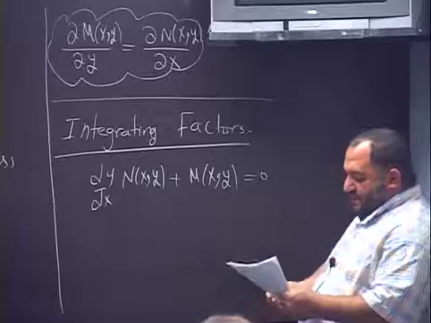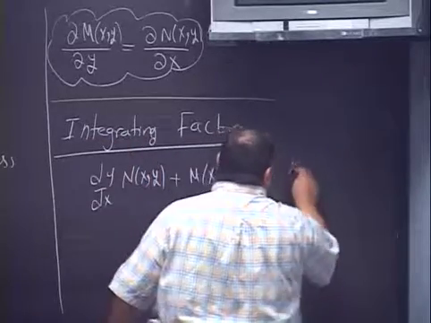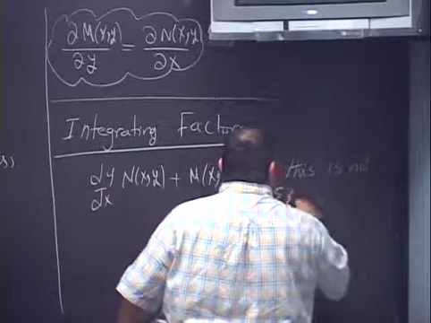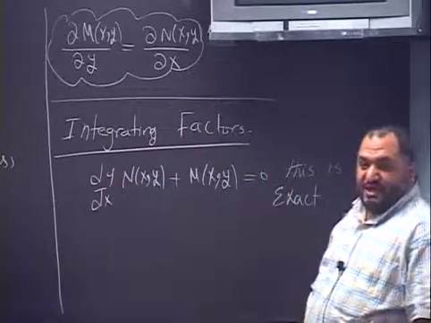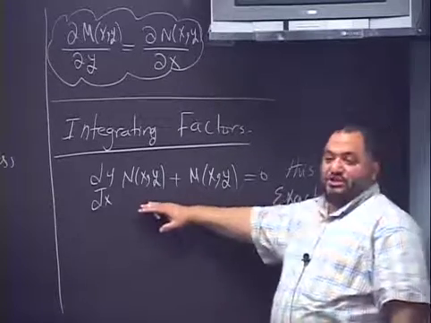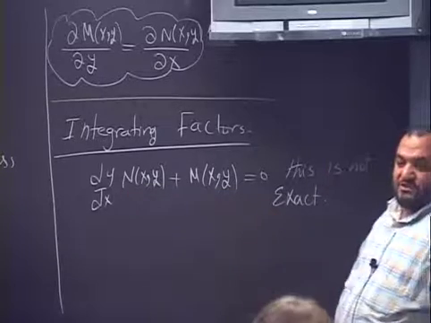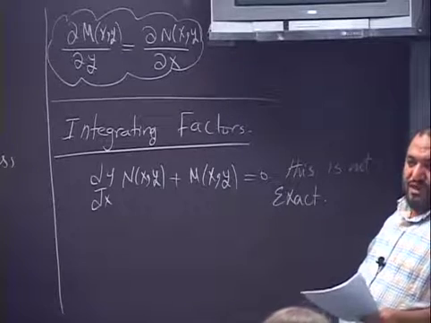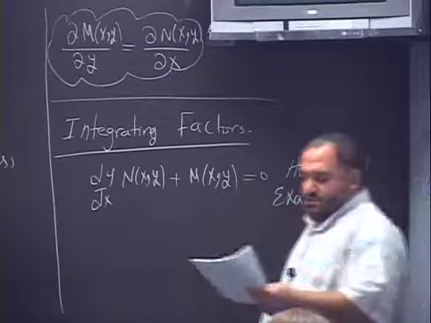If this is not exact, we showed how to solve the exact equation. Okay, guys? But what if you differentiate n by dx and differentiate m with respect to y, and both terms do not equal each other? Then we have to use another trick.